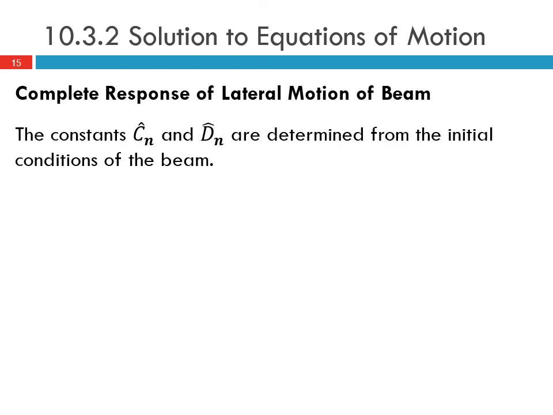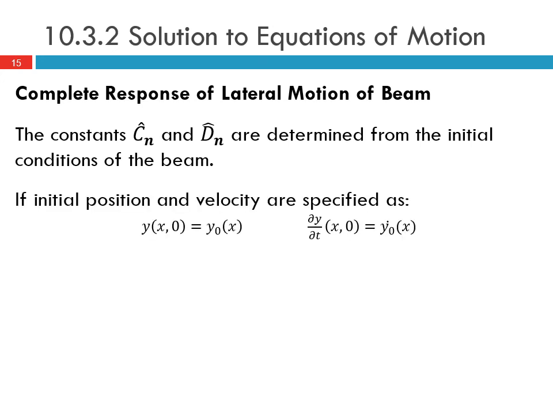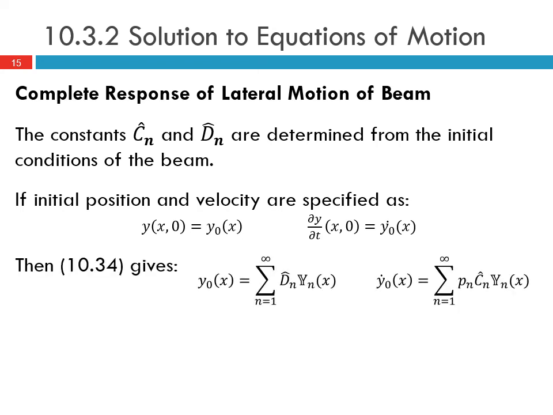So the constants c_n hat and d_n hat are determined from the initial conditions of the beam, and we can follow the same procedure that we talked about in the previous sections. If the initial position and velocity are specified as y of x and 0 is equal to y naught of x, and partial y by partial t of x and 0 is y dot naught of x, then 10.34, our response, gives y naught of x is equal to the sum, as n goes from 1 to infinity, of d_n hat y_n of x.